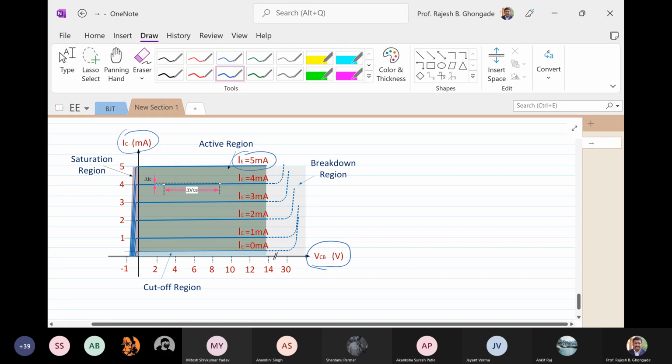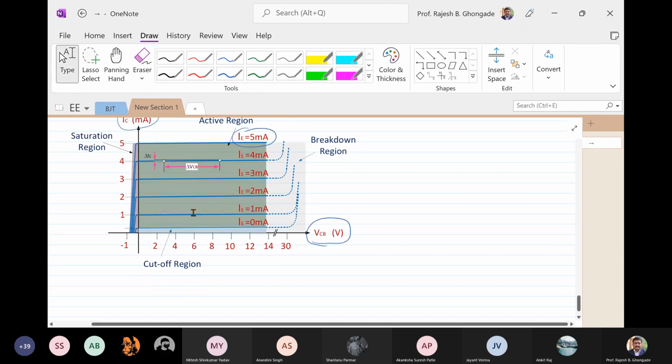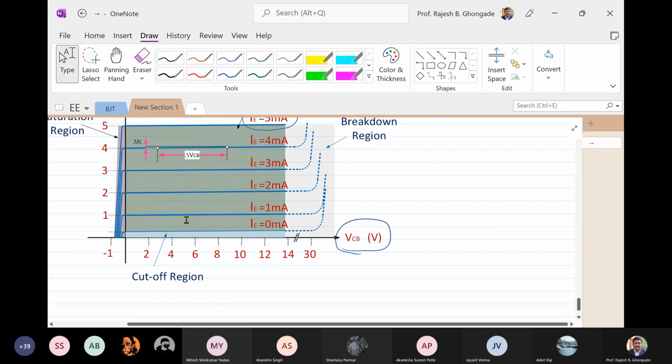You see a very interesting thing. Let us start by keeping, let us say IE as 0. If IE is 0, obviously IC is going to be very, very small, in fact negligible.